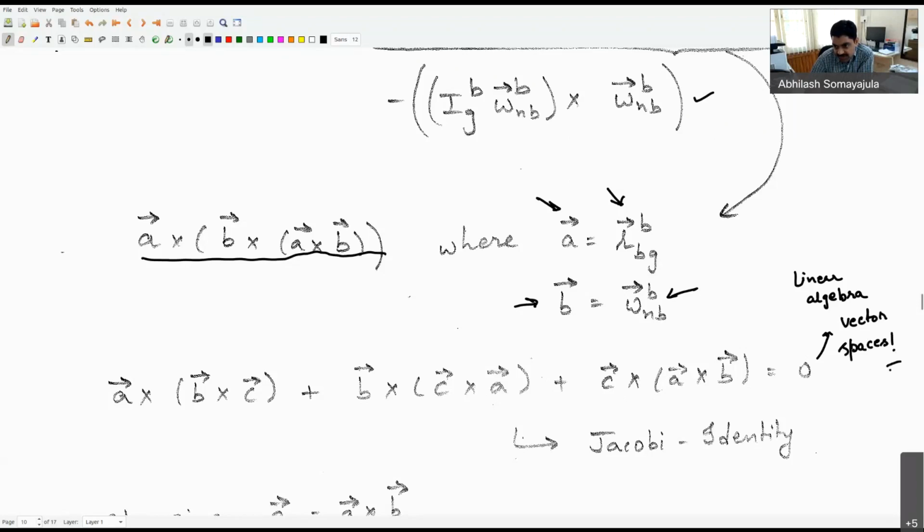Or at least I would hope that a part of this was covered in your mathematics course. You may not remember it quite clearly, and neither did I. So you might want to Google this and see what that is. But the identity states that for any three vectors, if I take the vector cross products in this order and sum them up, they should turn out to be 0. Is everybody with me so far?